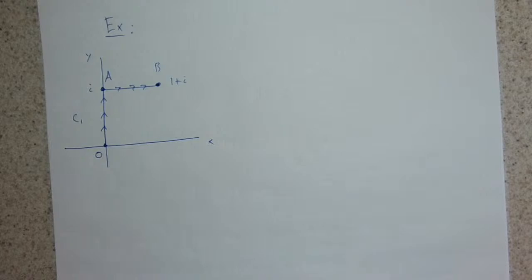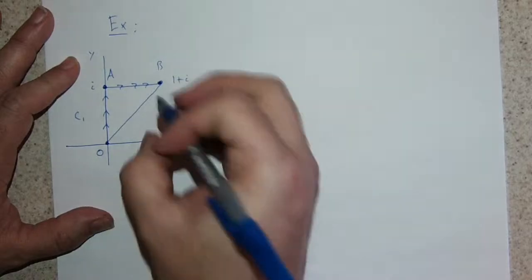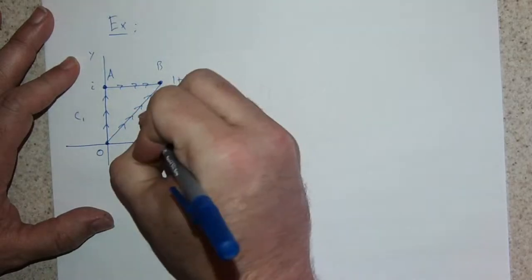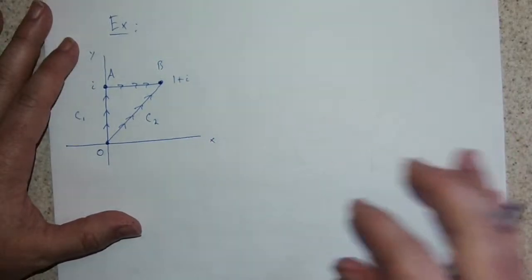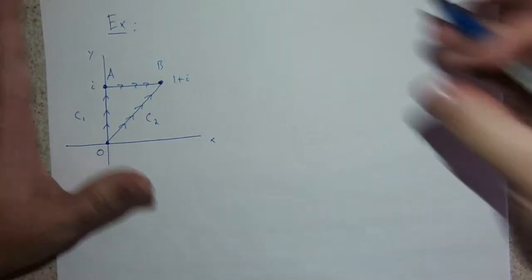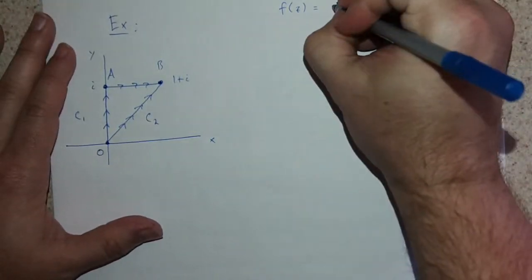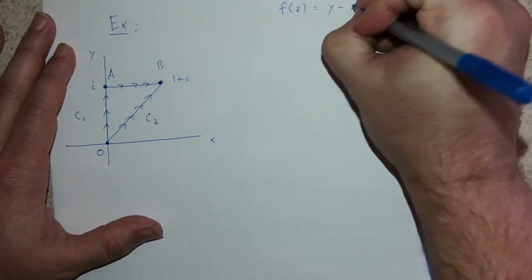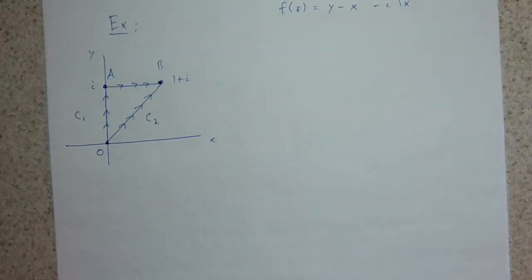Now we will consider the other curve that just goes directly there. So C sub 2 goes directly from O to B. All right, so let's compute two things. Let's say f of z, in terms of x and y, is y minus x minus i times 3x squared.